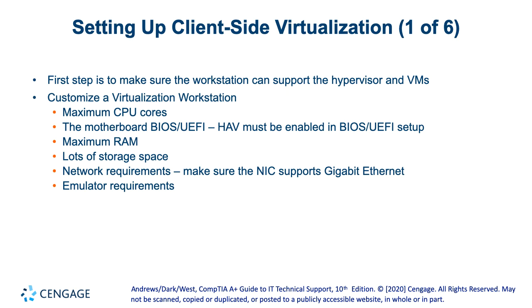So the first step is to make sure the workstation can support the hypervisor. We need to verify that the UEFI and motherboard support virtualization, and that it's enabled. That's one of the first things, because it is typically disabled by default. If you're going to virtualize machines, you also need more than one CPU core.